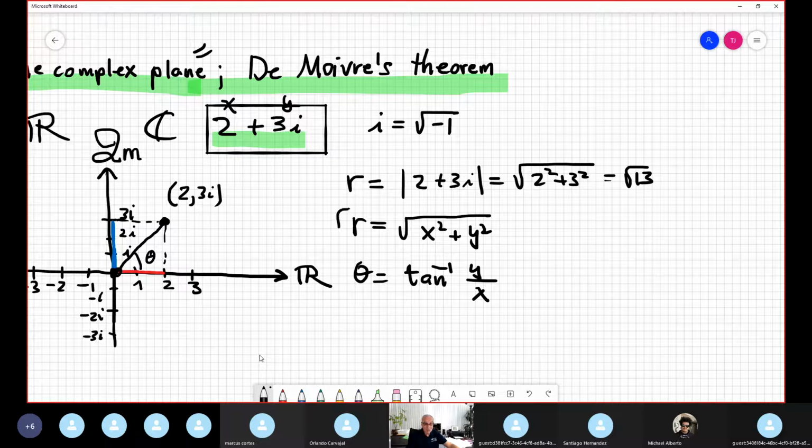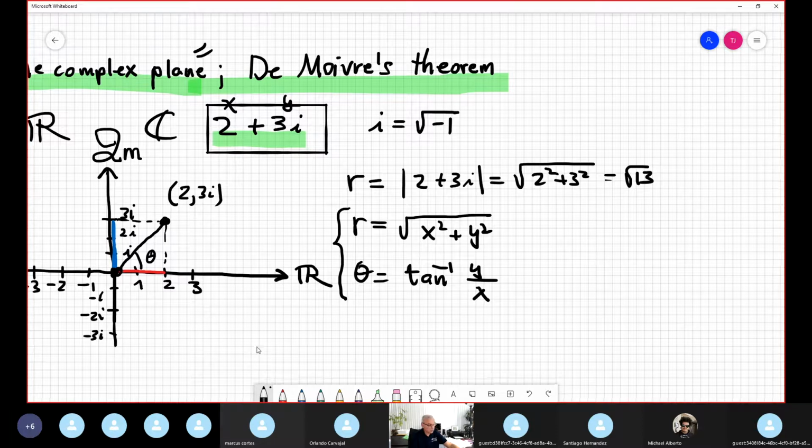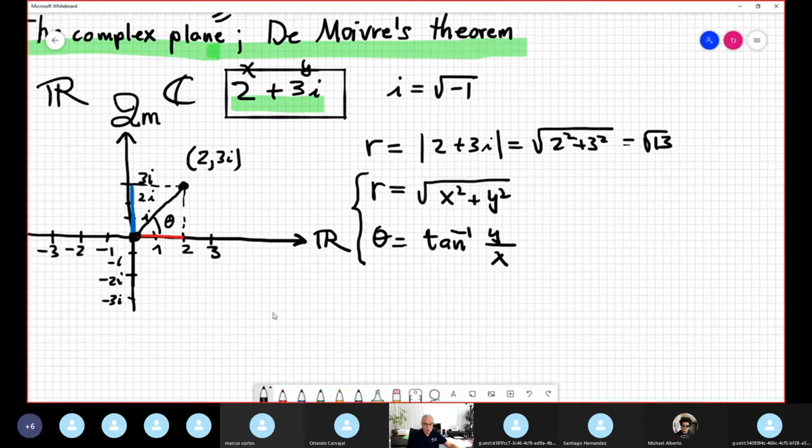This is the same equation that we use for the conversion from Cartesian or rectangular to polar when you study polar coordinates. And the equation in the opposite direction is x equals r cosine theta and y equals r sine theta.